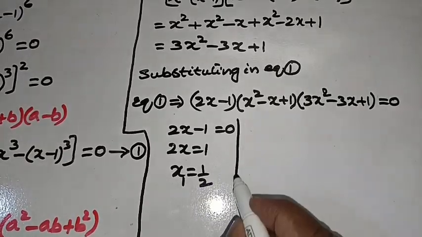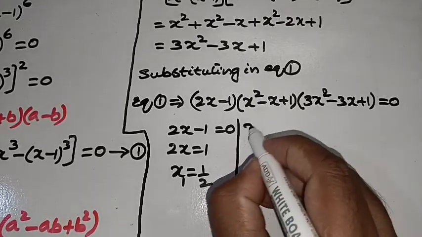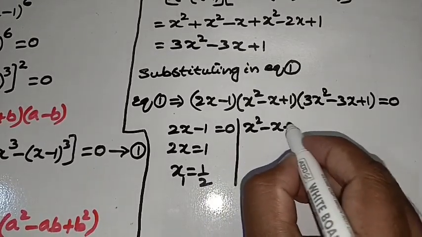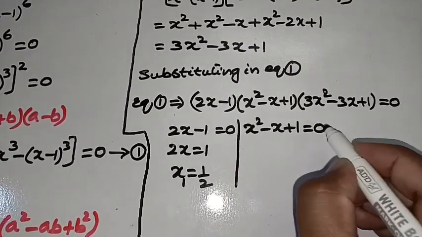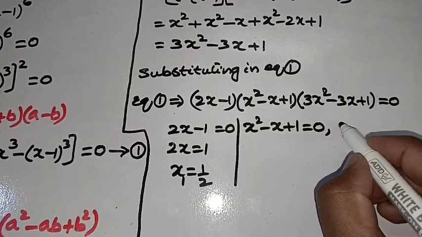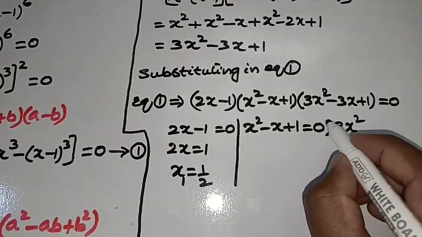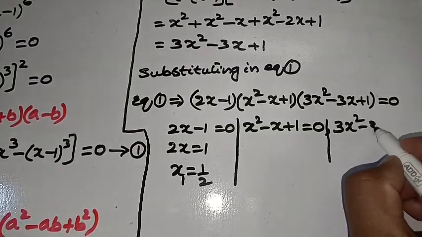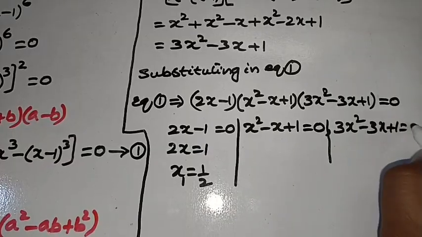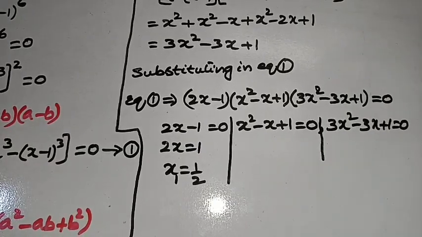Let me call it first solution. So x1 is equal to 1 by 2. Or the other possibilities, x square minus x plus 1 can be 0, or 3x square minus 3x plus 1 is equal to 0.